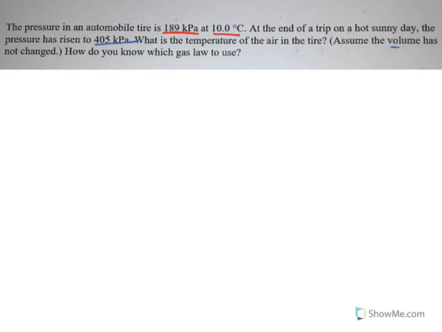And we're told that the volume has not changed. So, if volume is constant and the number of moles is constant, we know that pressure and temperature are changing. We can use Gay-Lussac's law.